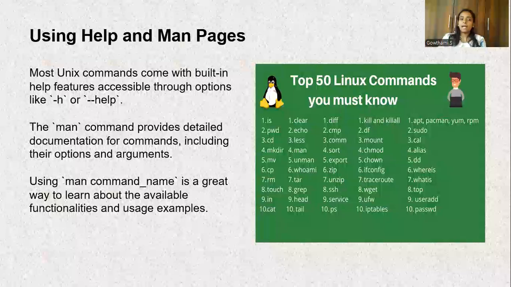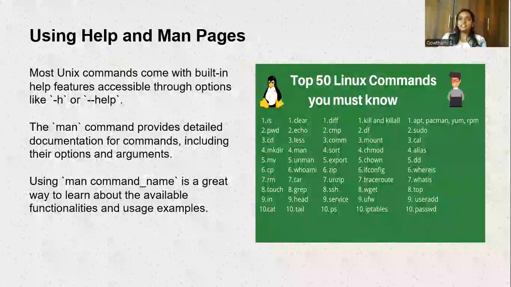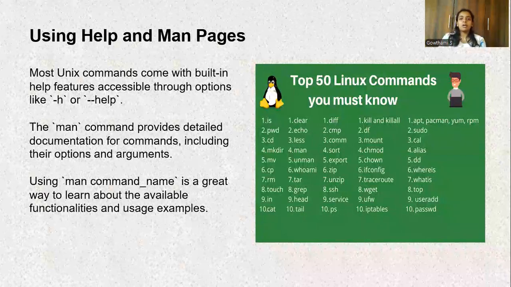So, using help and man pages. Using help and man pages actually makes our work easier. As we know, there are n number of commands which we are going to use to interact with Unix. It is difficult for us to remember all these commands.